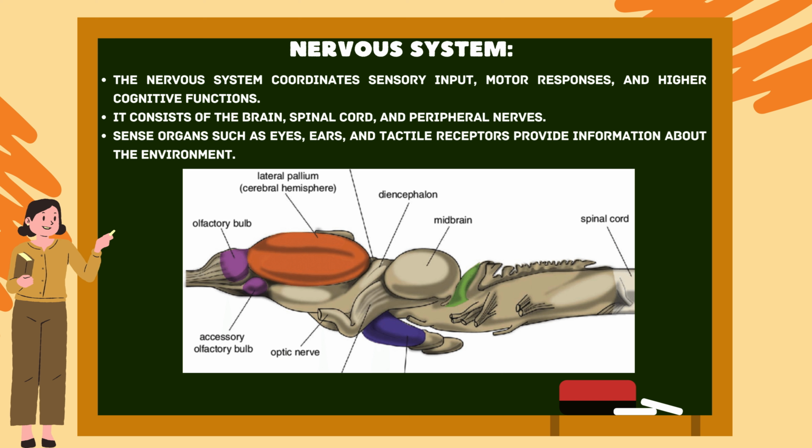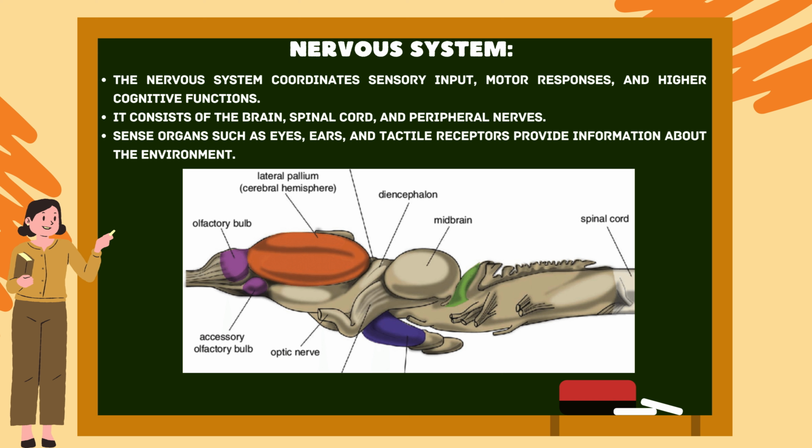Nervous system of frogs. The nervous system in frogs is responsible for coordinating sensory input, motor responses, and regulating their behavior. It is made up of three main components: brain controls higher cognitive functions and processes sensory information.